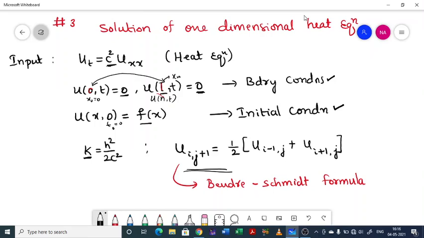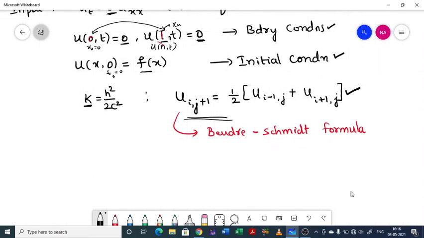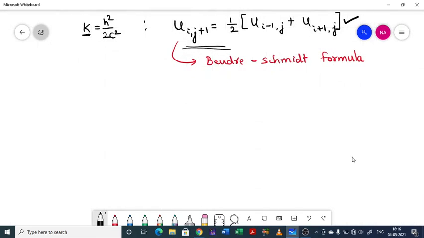That can be done using this formula, which is called the Bendre-Schmidt formula: u i comma j plus 1 equals the average of u i minus 1 comma j and u i plus 1 comma j. You have to take the average of these two. Using this formula you determine the other entries of the table. By completing the table we get the numerical solution of the given heat equation.